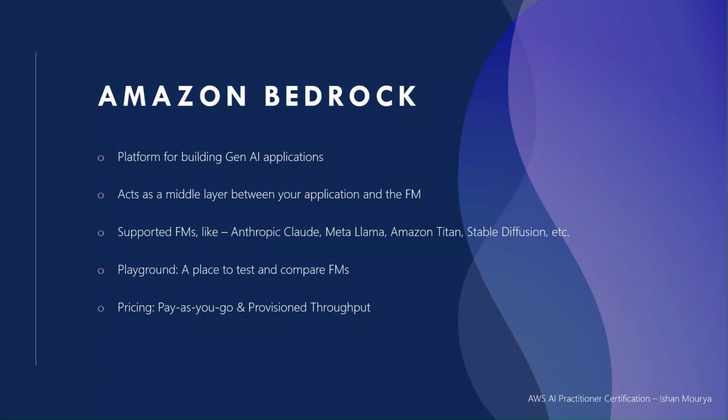Provisioned throughput is where you reserve the capacity for yourself, let's say for a specific model, for a specific amount of tokens, for a specific amount of time. Generally, provisioned throughput is cheaper in all the AWS services wherever you have the option of pay as you go and provisioned throughput.